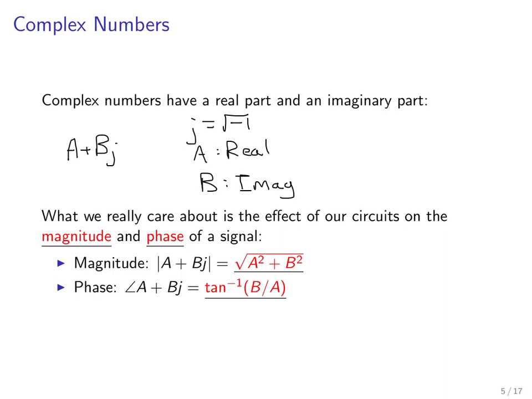The magnitude, given a representation a + bj, is equal to the square root of a squared plus b squared. The phase of a complex number is given by the arctangent, the inverse tangent, of the ratio of the imaginary part to the real part.